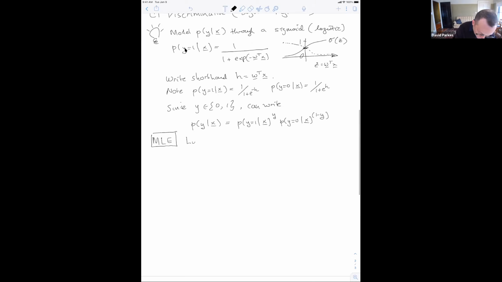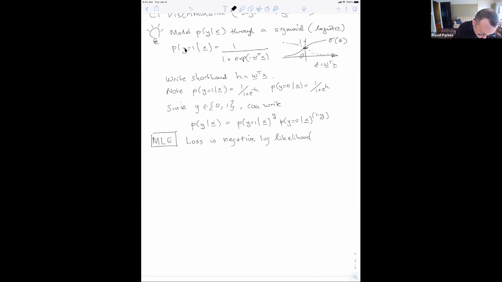And to do that, we'll take as our loss the negative log likelihood. Because we're used to minimizing loss, so minimizing negative log likelihood will be the same as maximizing log likelihood. And I can take logs because it's a monotone transform of my probabilities.